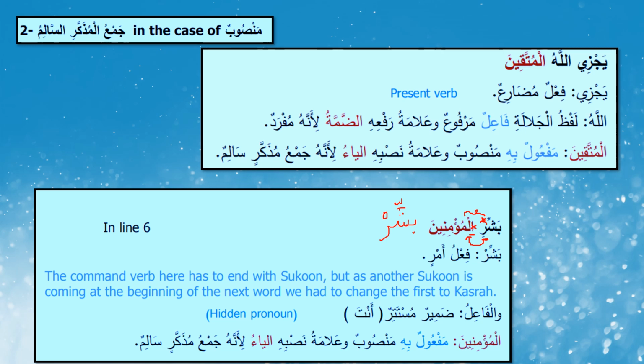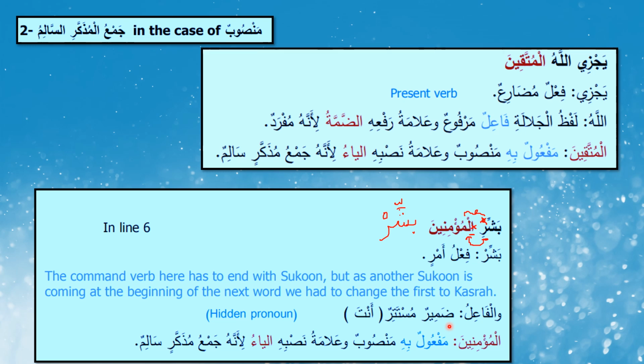So now let's see. Al-fa'il, Bashir is the command, fi'l amr. That's why you can see a sukoon over the ra. Whenever you come across a fi'l amr, know that the fa'il is always hidden in the command verb.